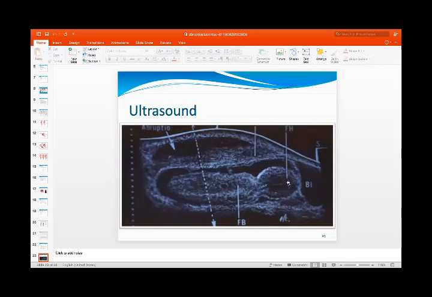This is the fetal head, this is the back of the baby, and this is the amniotic cavity. This is the placenta, this is the uterine wall, and the placenta is separated from the uterine wall here. These are the retroplacental clots, as seen in the ultrasound.